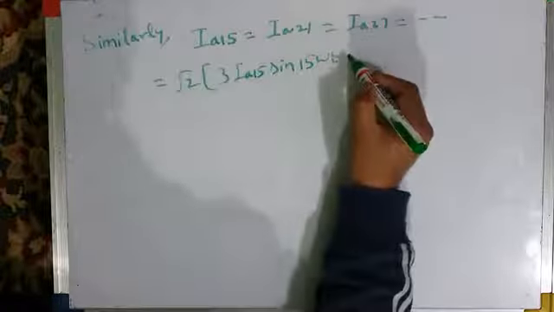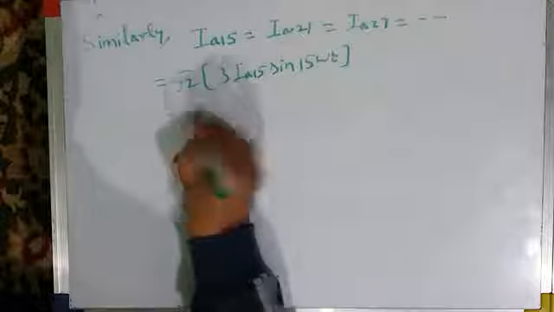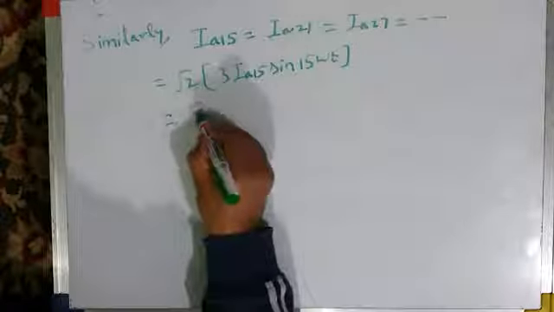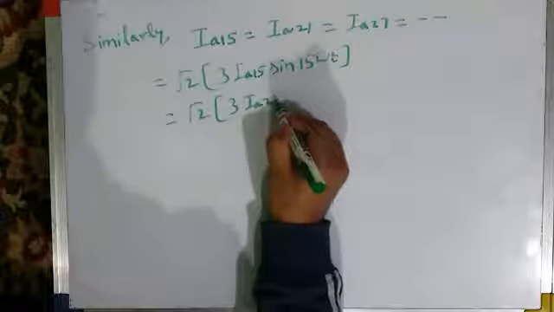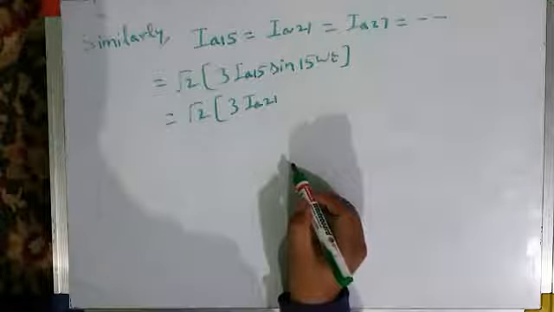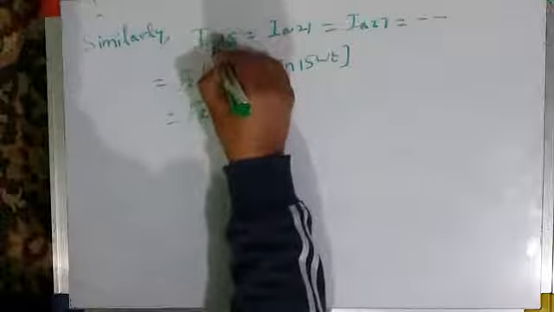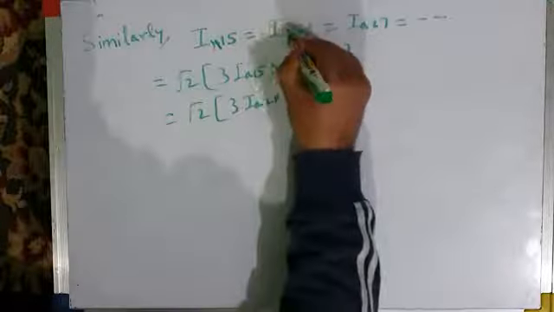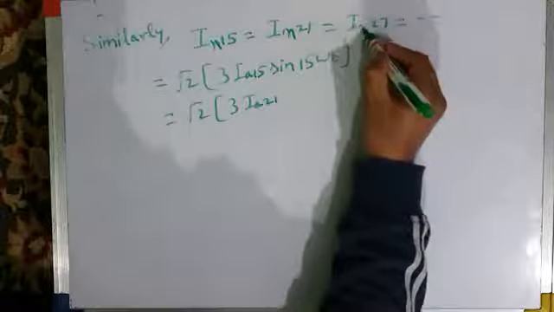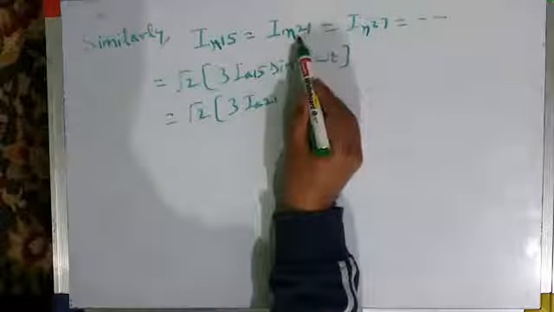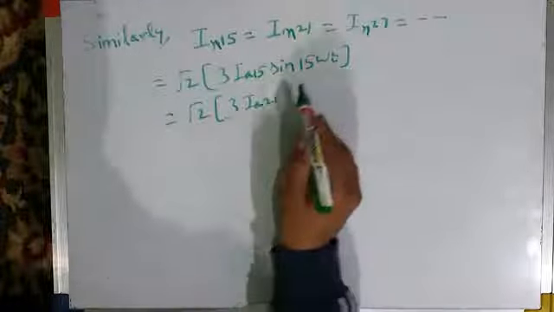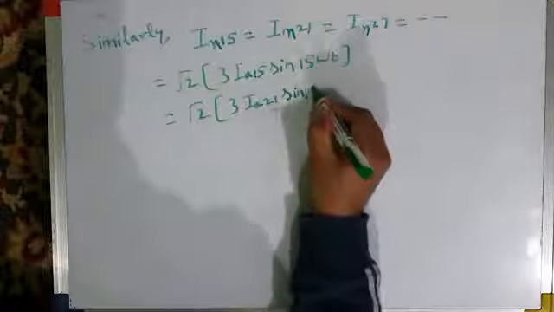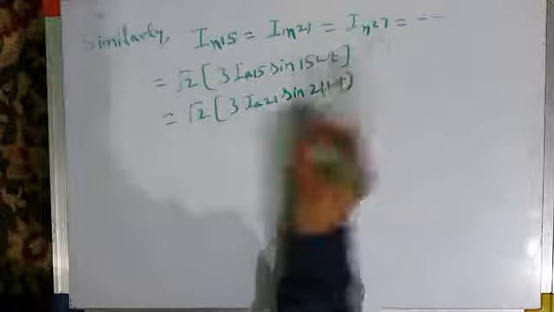And what is IA21? It's not IA, it's IN, the neutral current: IN21, IN27. What is the neutral current because of the 21st harmonic? That is root 2 times 3 IA21 sine 21 omega t.